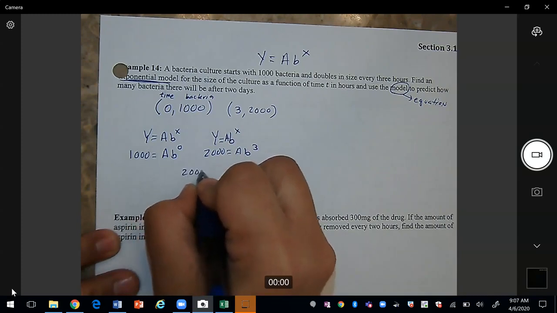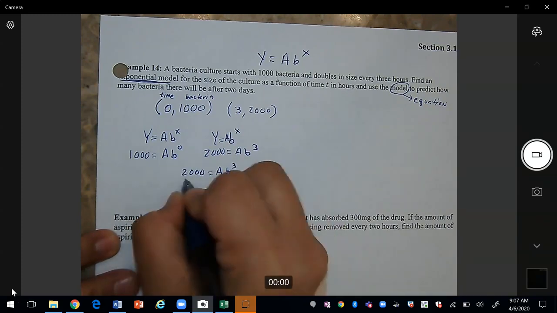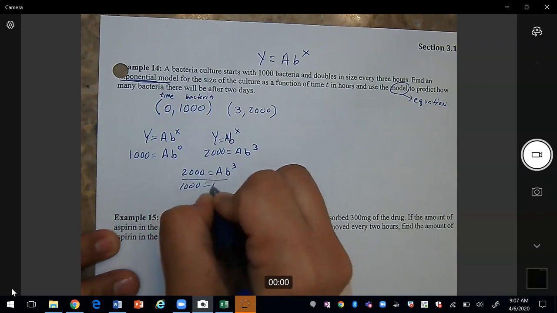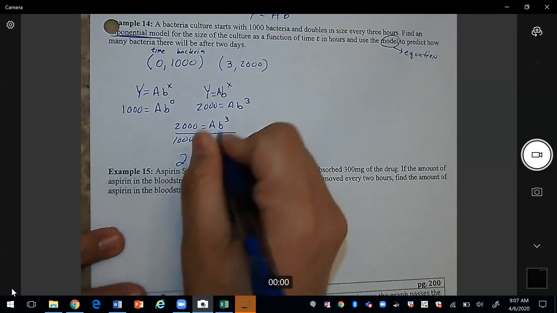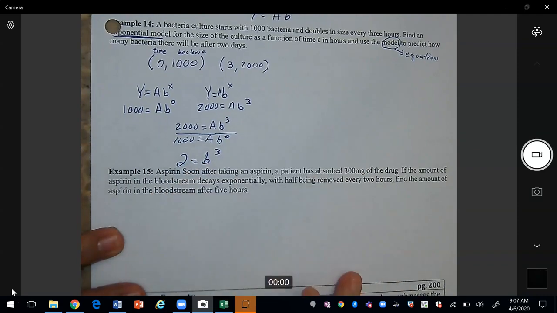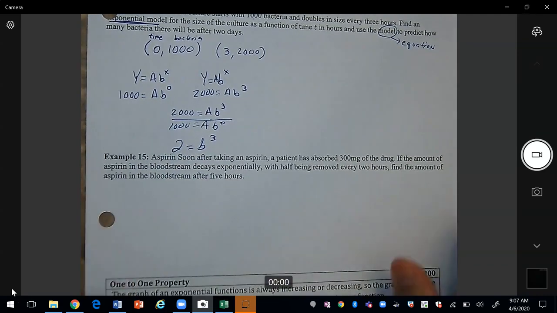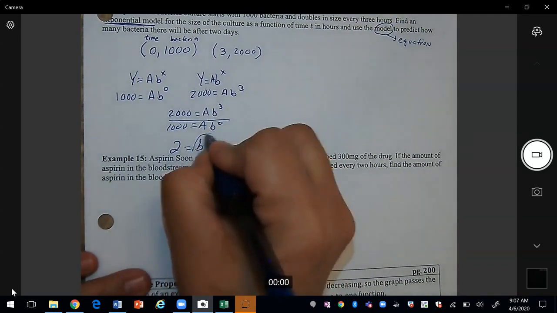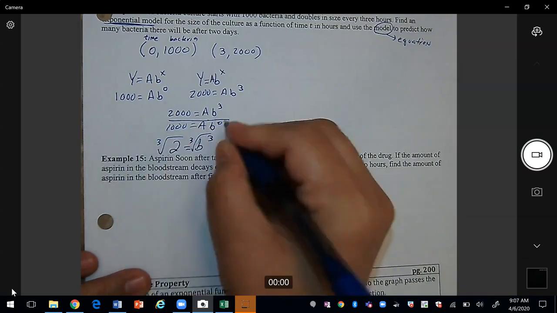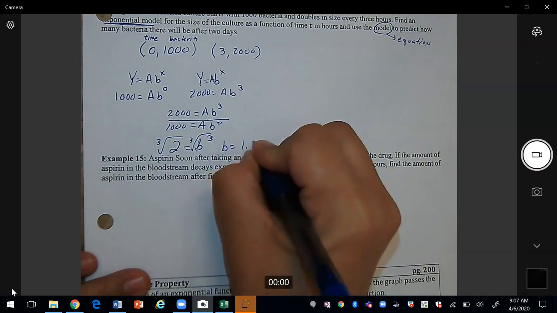So if I divide, then we're going to have 2 is equal to b cubed. Take the cube root. So we end up with b is equal to 1.26.